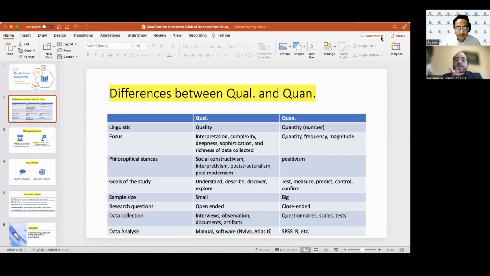Now let's move on to the philosophical stances, because these research designs come from philosophical approaches and stances. As for the qualitative, these are all theories that I'm going to mention now: social constructivism, or interpretivism, post-structuralism or postmodernism.